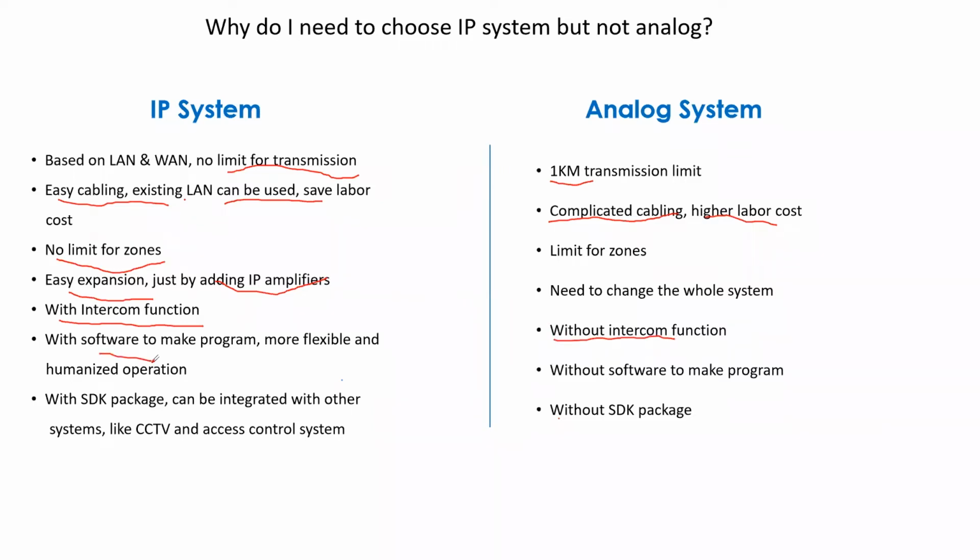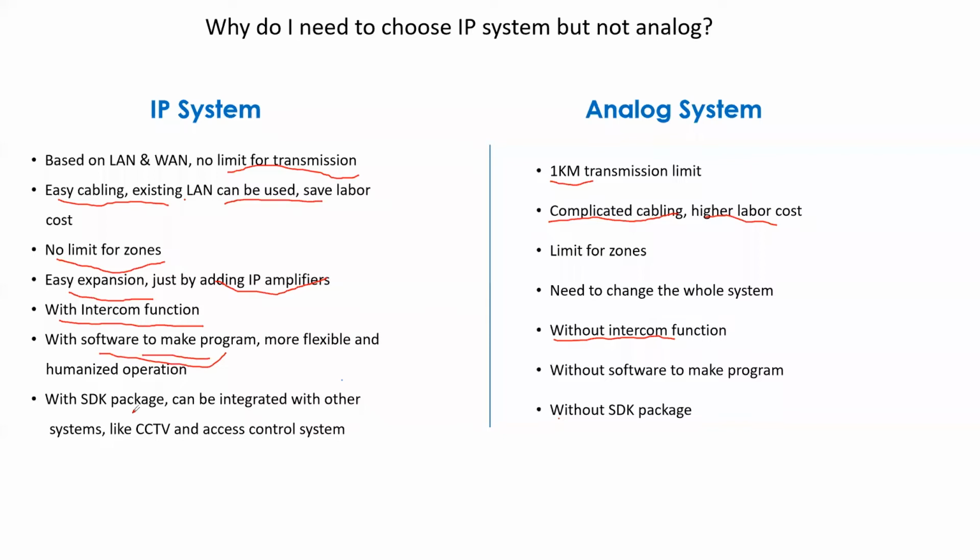And with this IP system, we have software to make programs such as timing and triggering, and it will be more flexible and much more user friendly. But for an analog system, they are all devices and there's no software to manage anything.